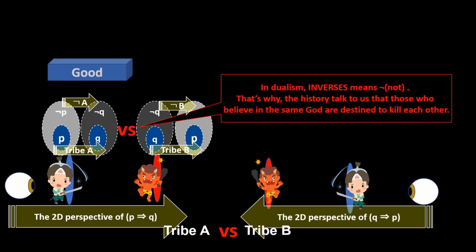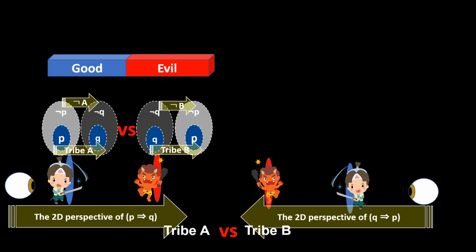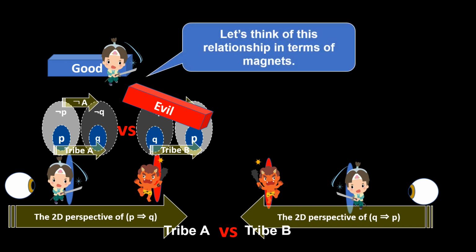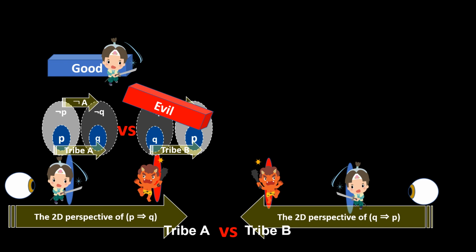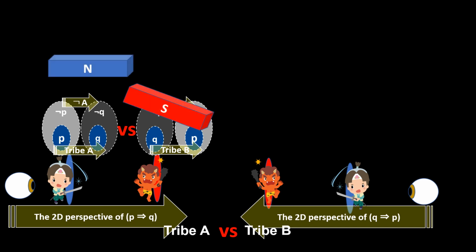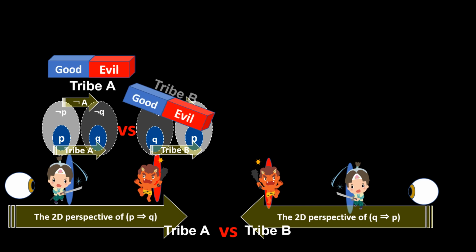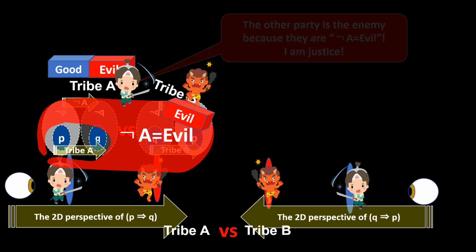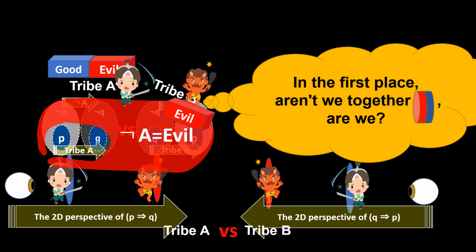That's why the history taught to us that those who believe in the same God are destined to kill each other. Let's think of this relationship in terms of magnets. The other party is the enemy, because they are not as evil. I am just as. In the first place, aren't we together?